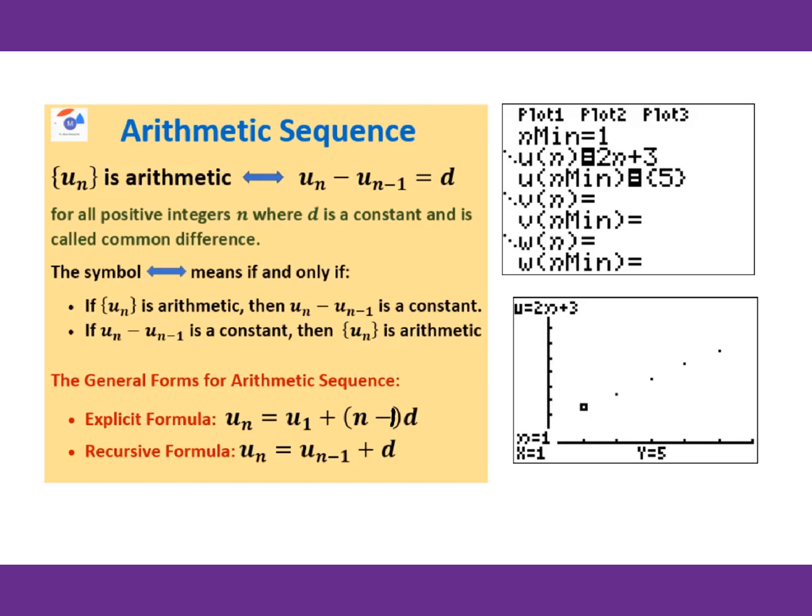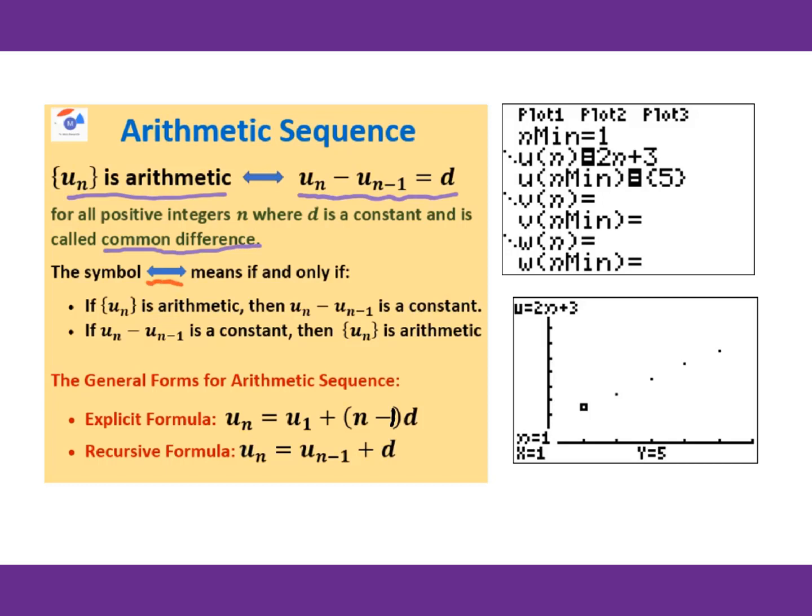This lesson is about arithmetic sequence. We see U sub n is an arithmetic sequence if and only if U sub n minus the previous term equals a constant d. D is called the common difference.